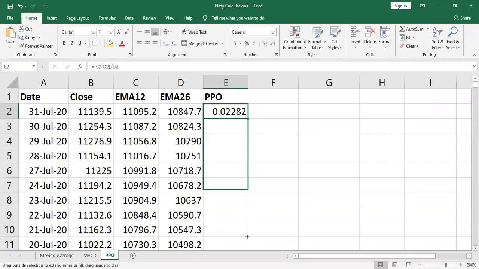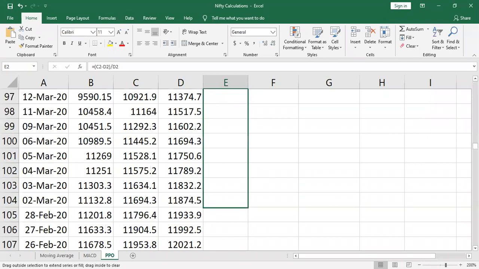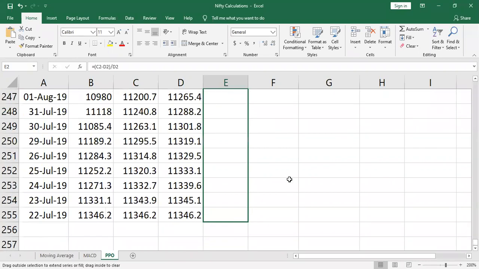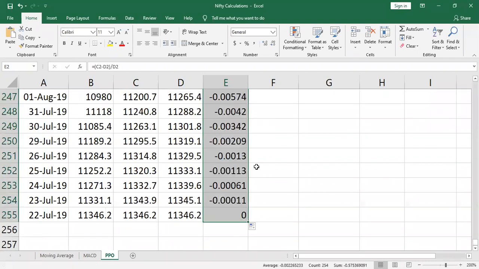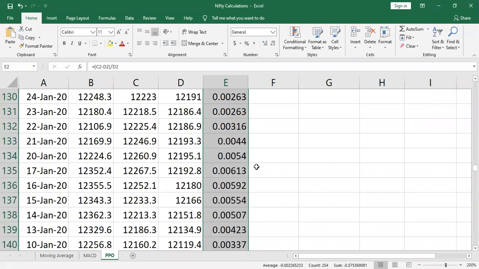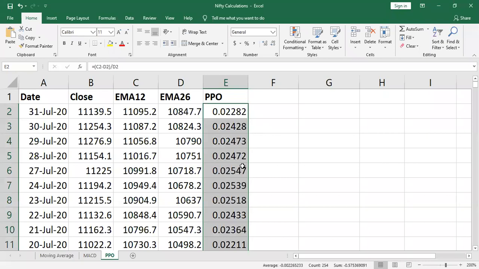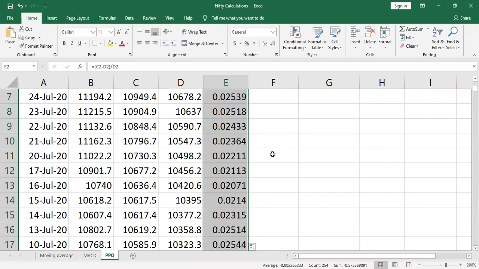And copy and paste this formula till the end. Now this will be used to compare with the assets.